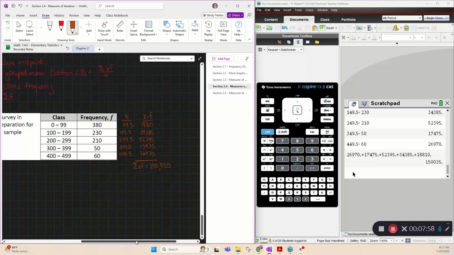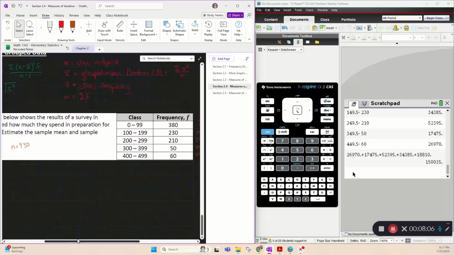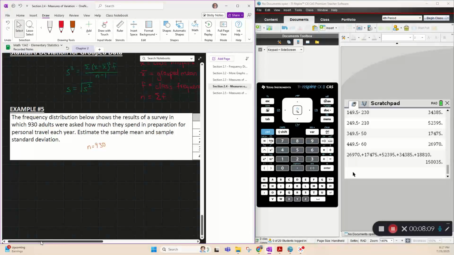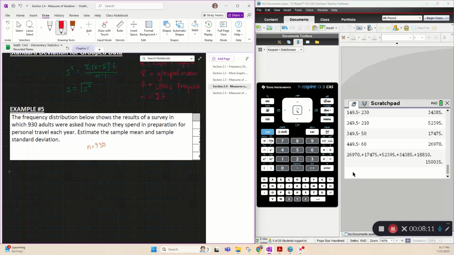Okay, so now for our mean. It says estimate the sample mean. So the sample mean equals x bar, which is equal to the sum of x times f over n, which we said was 150,035 divided by 930.